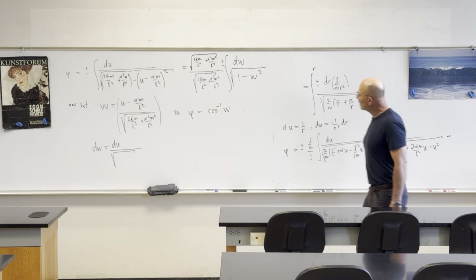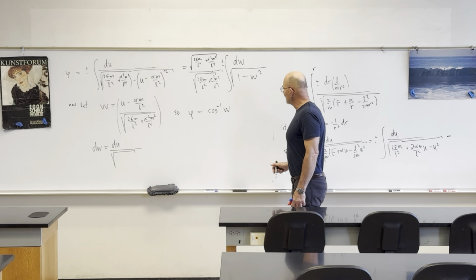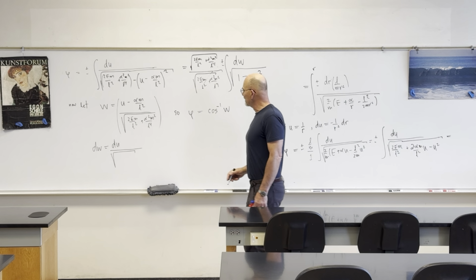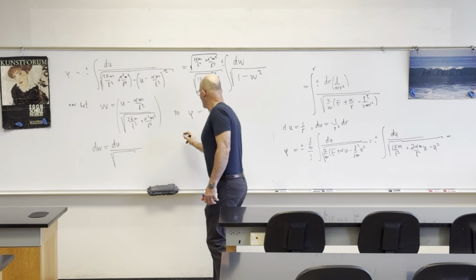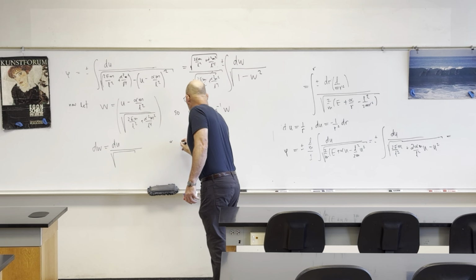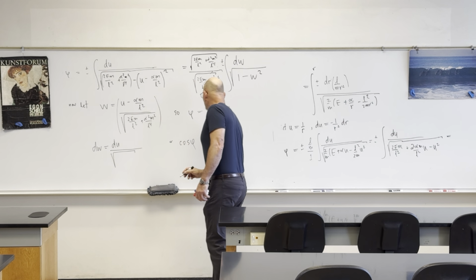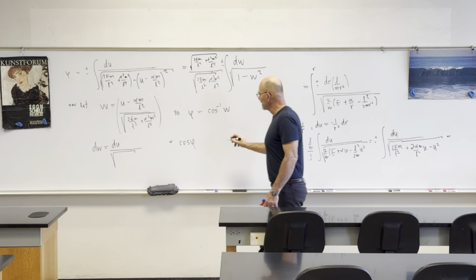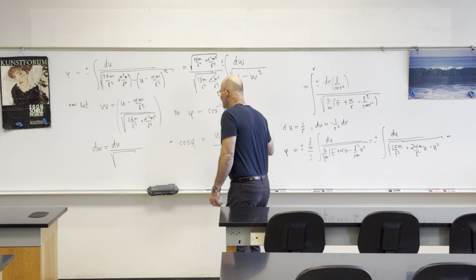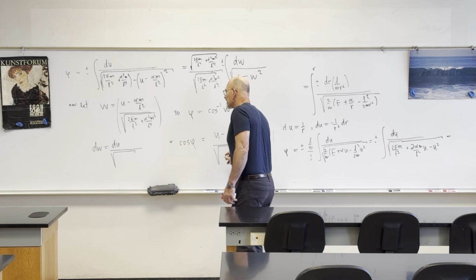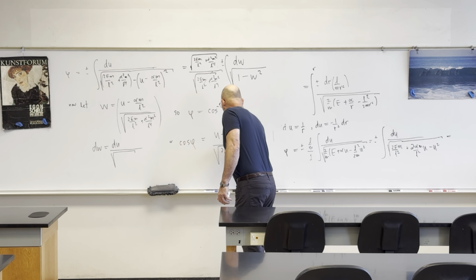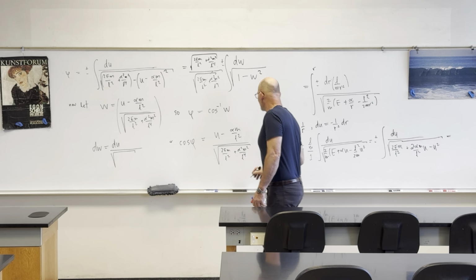And what happens from here on out is that we reverse all of these substitutions. We'll take the cosine of both sides, and then we've got this u minus alpha m over L squared. And this is what we have to work on, but this is going to simplify. Plus, we have to simplify this.